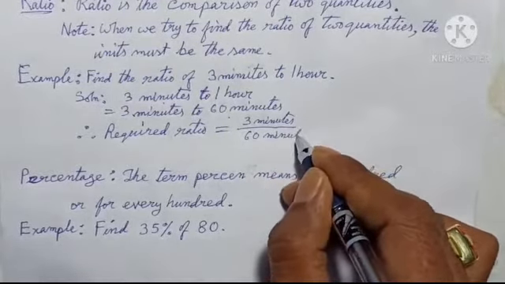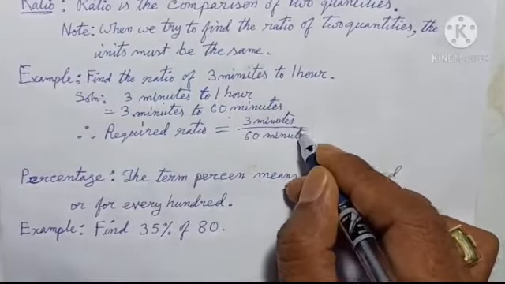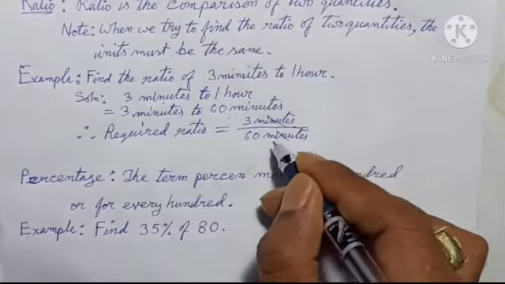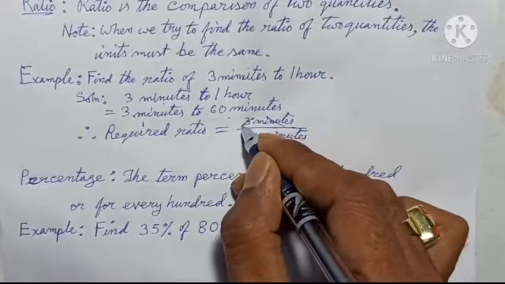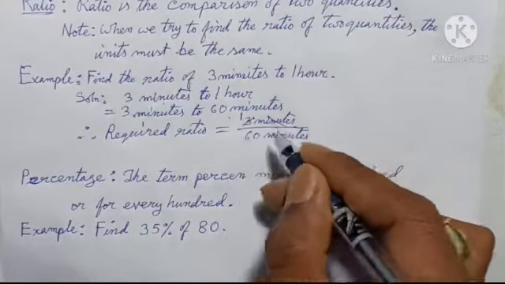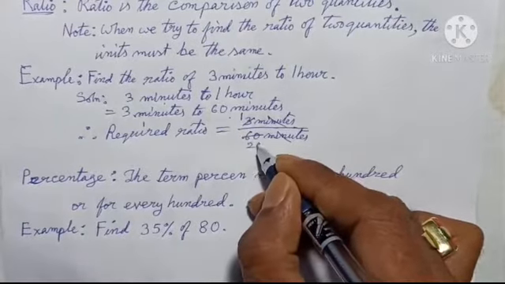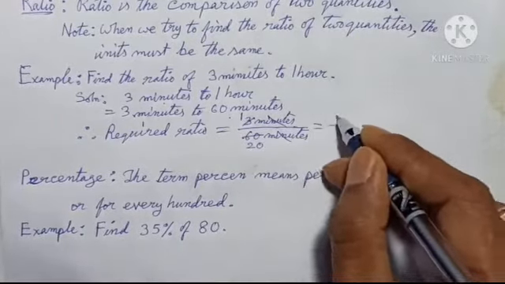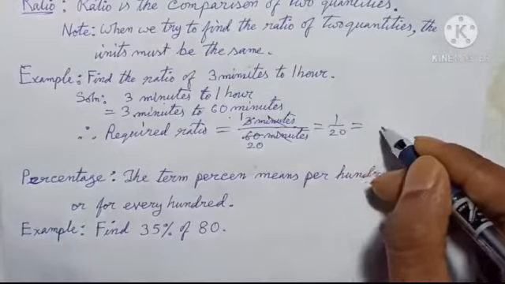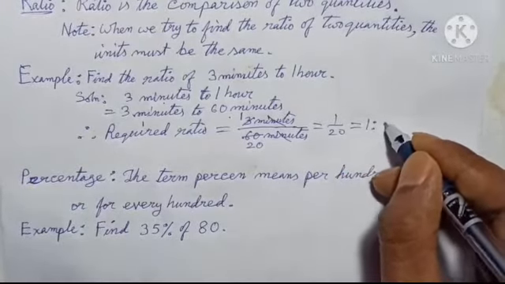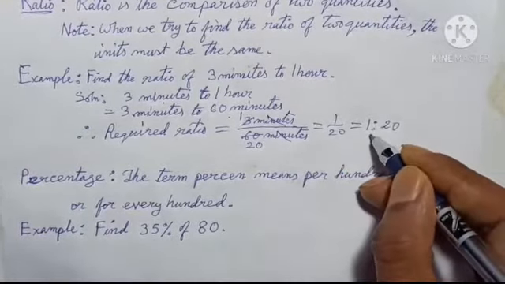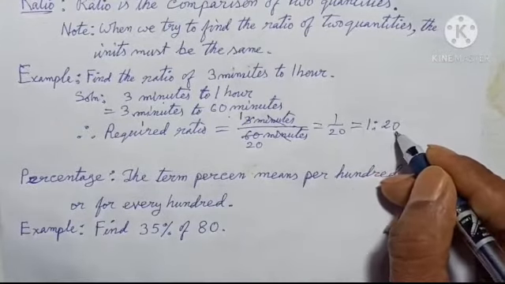To find out the ratio, we have to divide the given quantities. So minutes are cancelled. Now 3 is dividing by 3. 3 one time is 3. If 3 divide 60, then 3 2 times is 6, next is 0. 1 by 20 is getting 1 by 20. If we want to write in the ratio form, we have to write it in this way, and we have to read this as 1 is to 20.